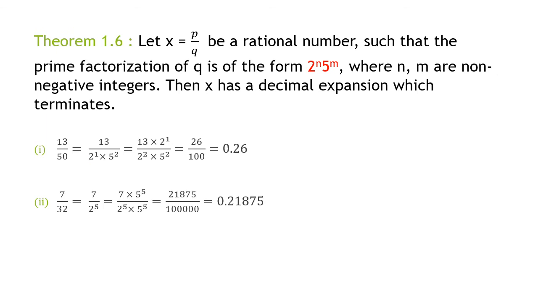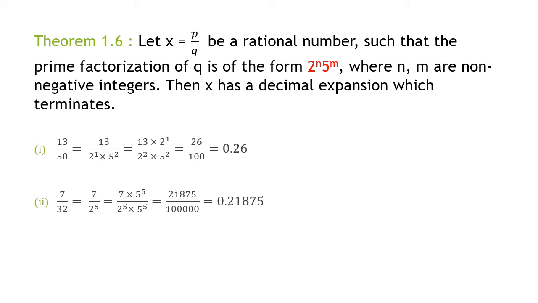Theorem 1.6 is the converse of theorem 1.5. What was theorem 1.5 again? If x is a rational number p by q whose decimal expansion terminates, then q will be in the form of powers of 2 and 5 only. Here it is the reverse.